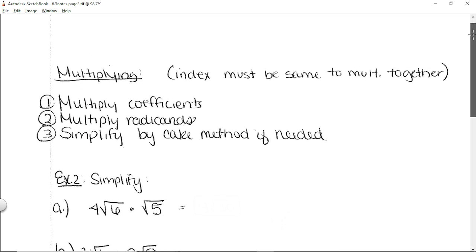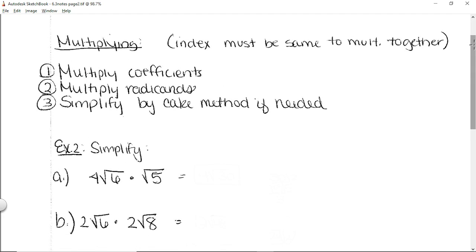Okay, the index must be the same to multiply together. The index, not the radicand. As long as the index is the same, we can multiply. And here's what we do. First step, multiply the coefficients, and then multiply the radicands, and then simplify by the cake method if needed.